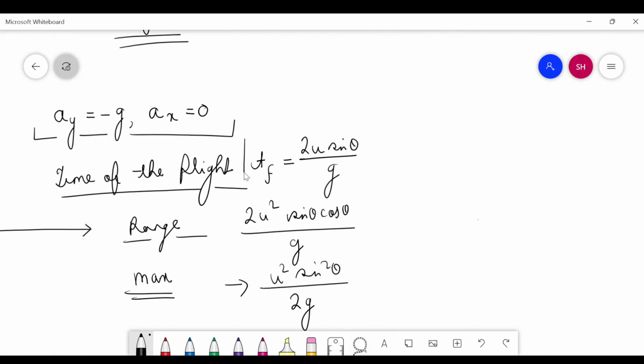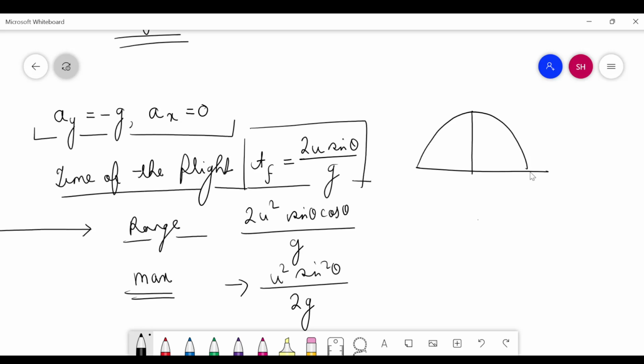And if we see this time of flight and the time it required to reach the maximum height, at this point the time was t equal to 2u sin theta by g, but at maximum height the time was t equal to u sin theta by g.